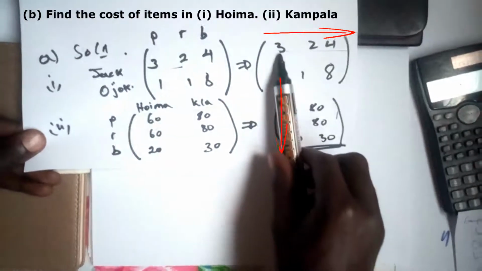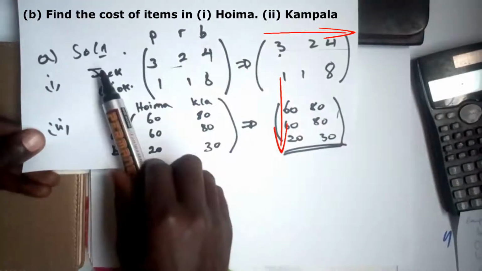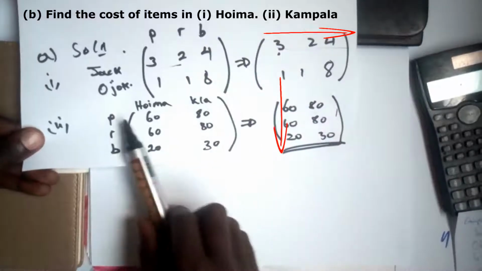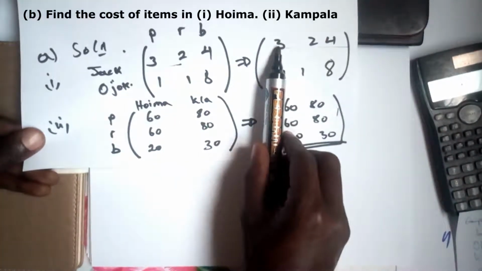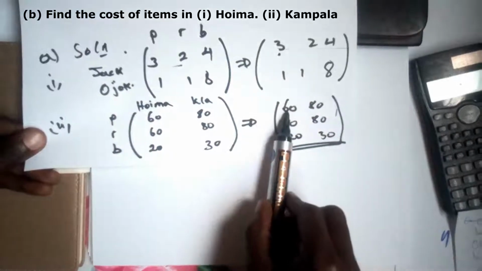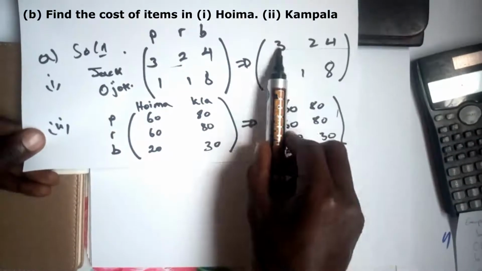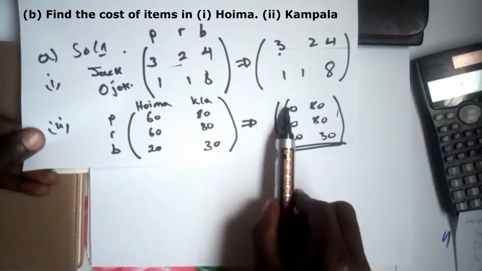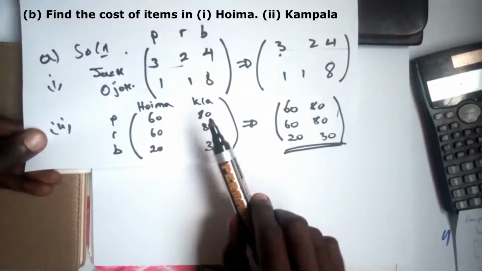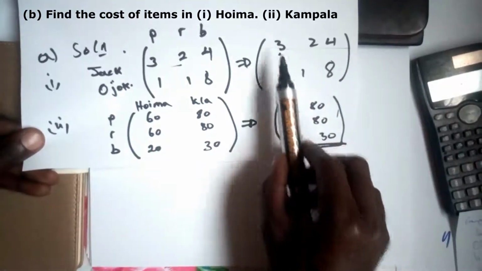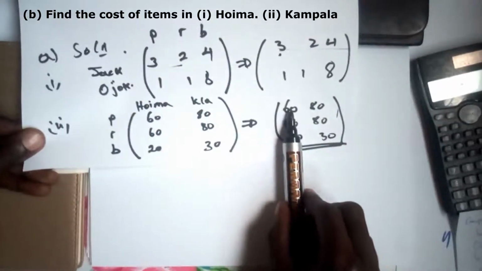So I'll have a 3. 3 is for Jack buying a pencil in Hoima. So I'll multiply 3 with 60, the price of a pencil in Hoima being bought by Jack.